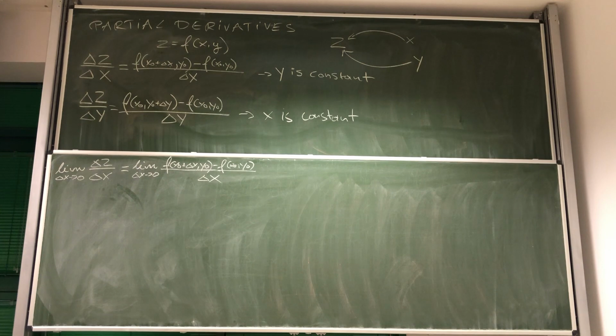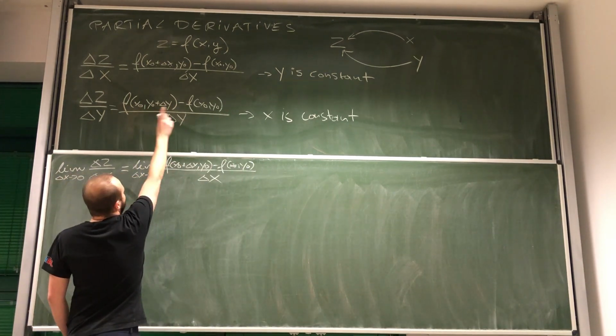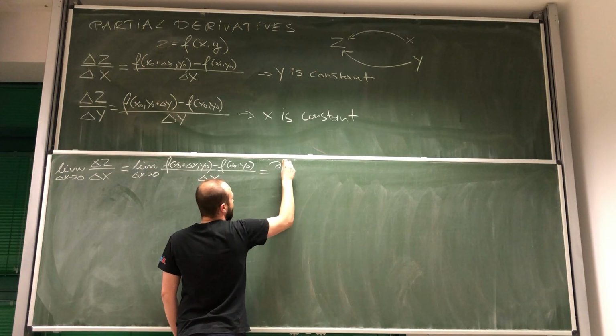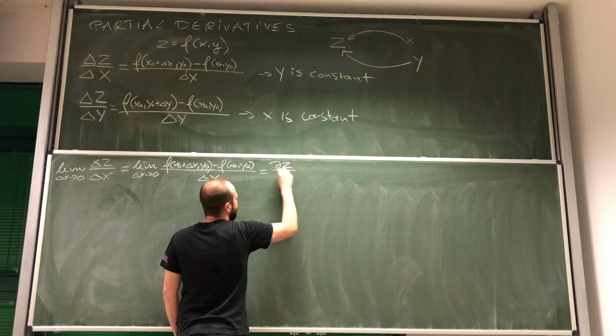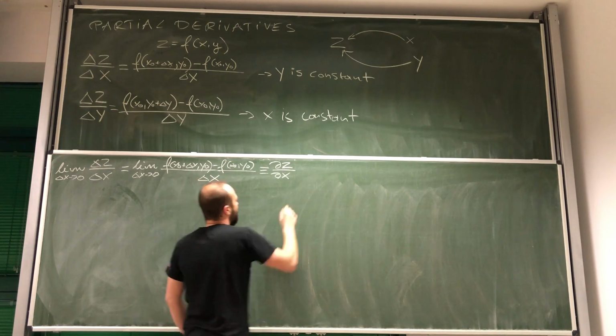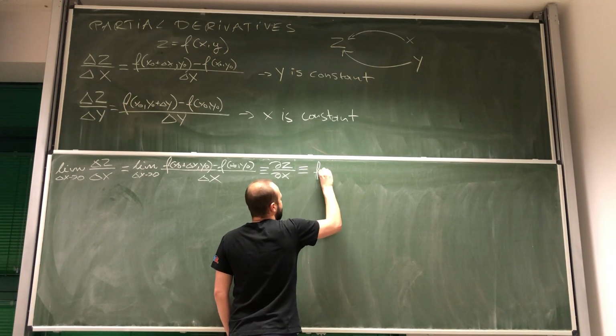And this, by definition, is the partial derivative of z with respect to x, which, assuming that z is a function of x and y, we can write either as dz dx or, I'm sorry, f x.